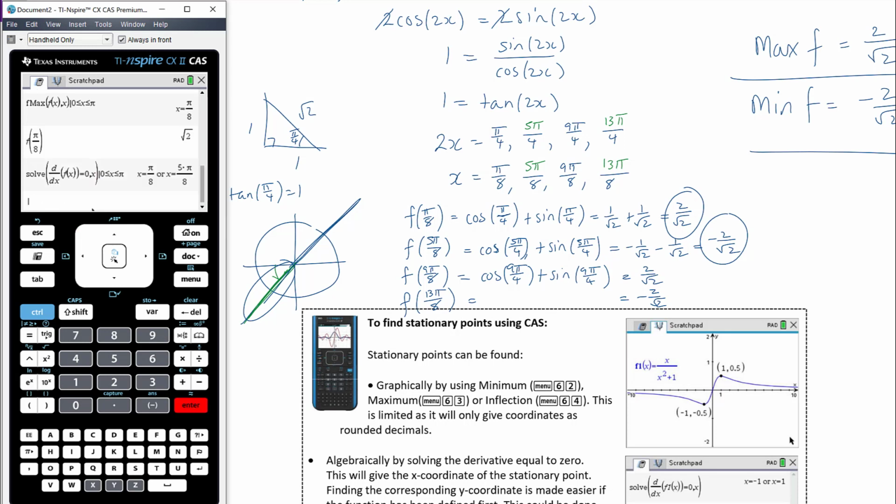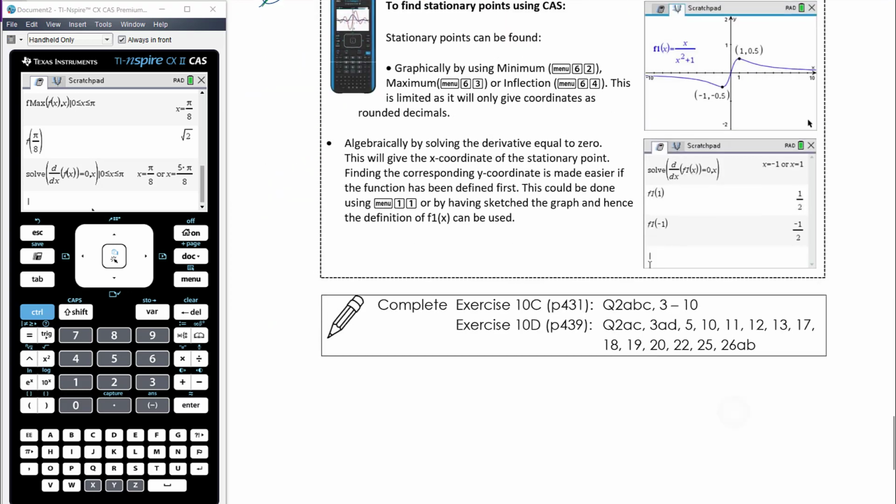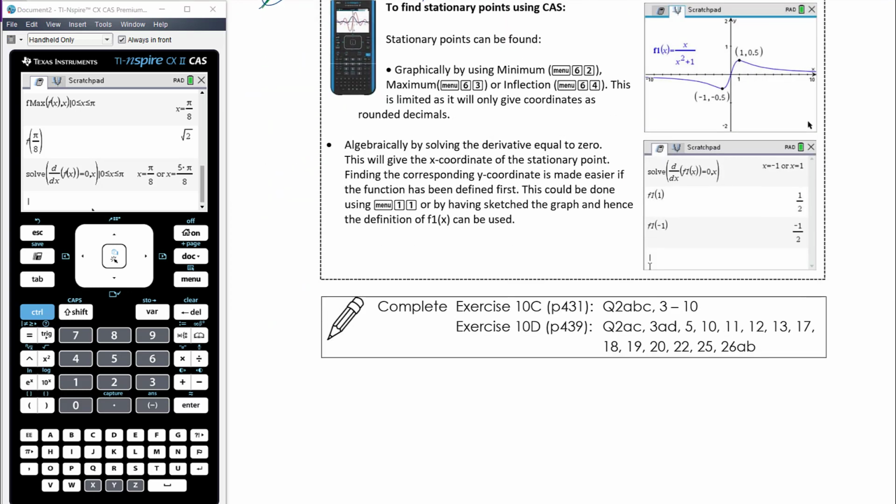I get my two solutions, and again, f of pi on 8, f of 5 pi on 8 to find the y values. Obviously, if you wanted to complete a sign diagram, you could also then use your CAS to help you calculate the value of the derivative at the points between the stationary points to justify the nature of them. Okay, plenty of work to do here, just practicing finding coordinates of stationary points on a variety of functions.